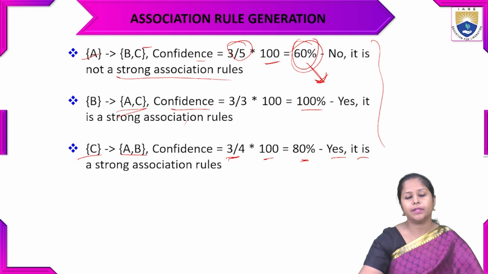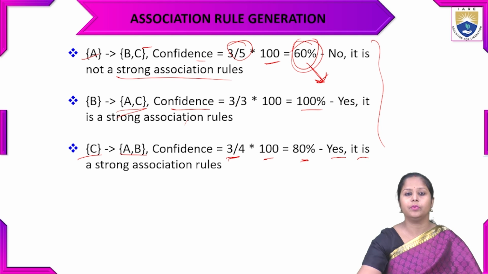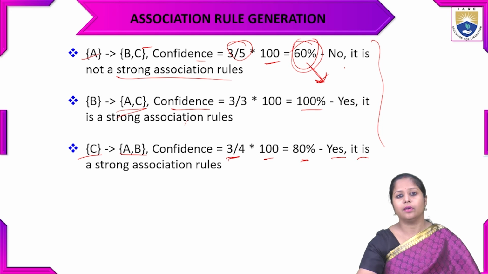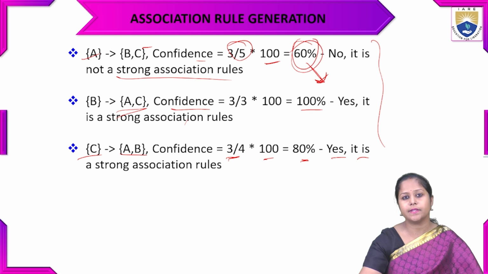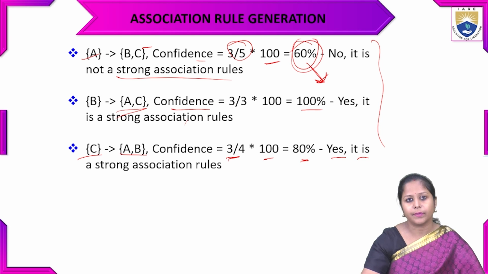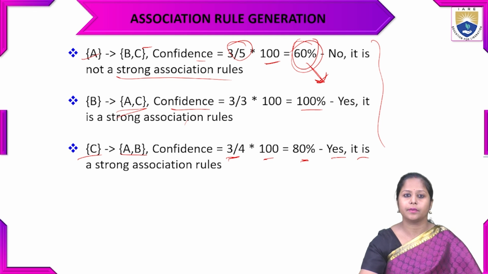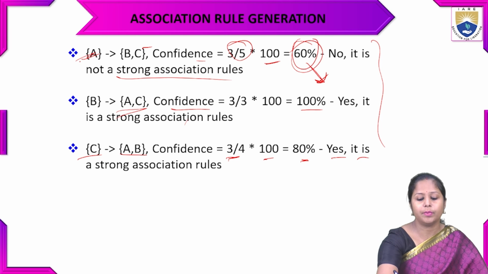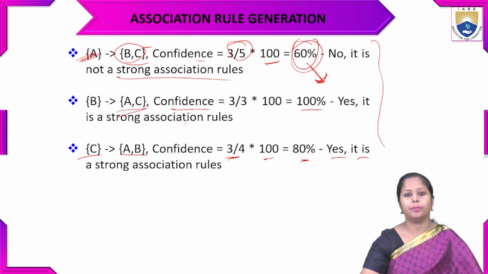If there is more confidence, that will be a stronger association rule. We can also take that rule, but we cannot rely on it; we cannot make a strong relationship between the items, such as if A is purchased, B and C will also be purchased. So we have seen weak and strong association rules and how to write them. That was all about today's lesson.